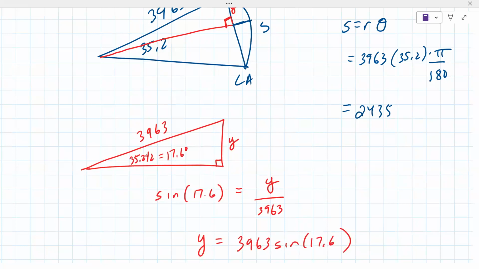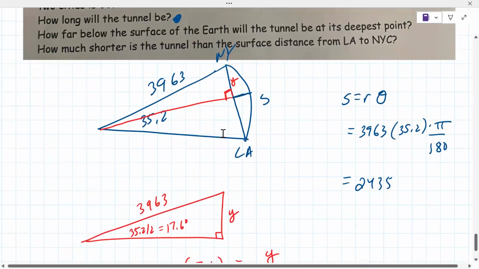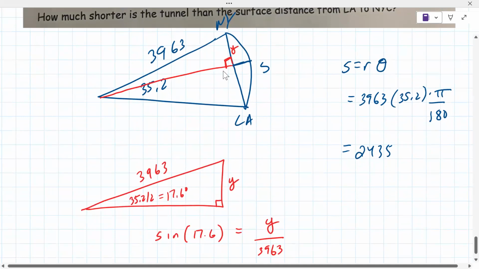Gonna calculate that. 1,198. Okay, now to get this right here. Oh, sorry, oops. Maybe we need, oops. Actually we do need that. Sorry.